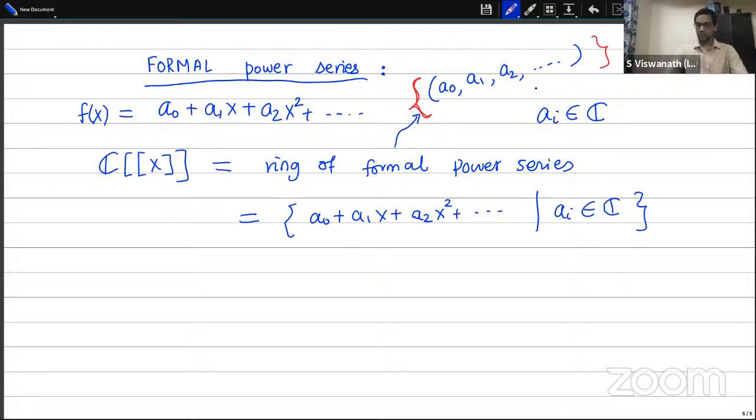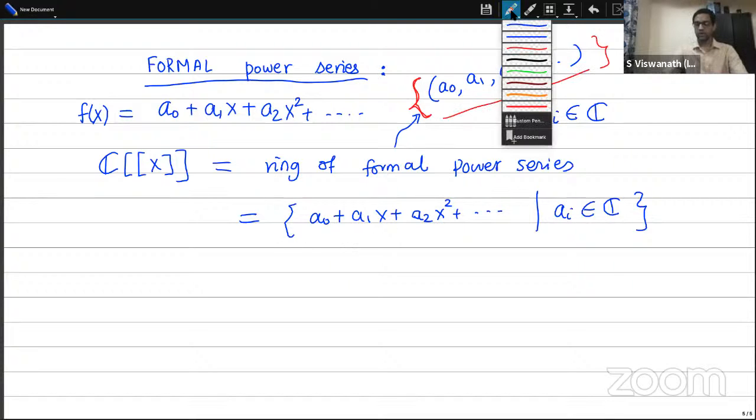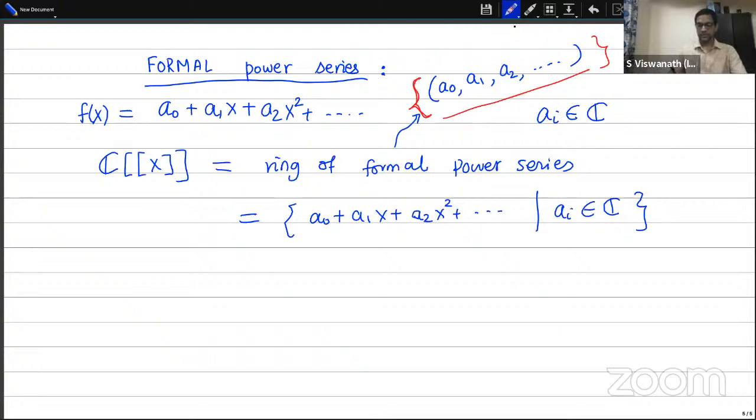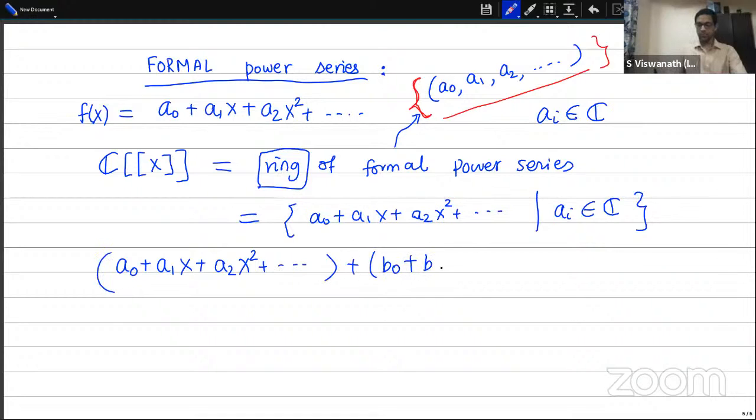Okay. Now, of course, it's not very convenient to think of it in terms of sequences, but rather as power series, because we want to look at multiplication of power series. That's the point. So we want to think of it really as a ring with addition and multiplication. Here are some operations you can perform on power series. If I take two of them, I can add them in the obvious fashion.